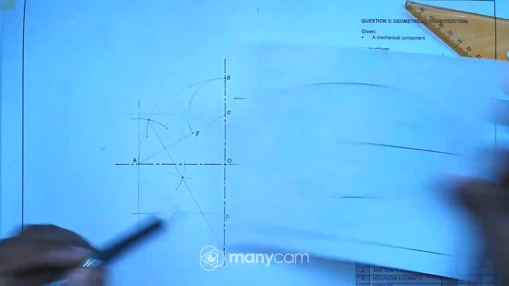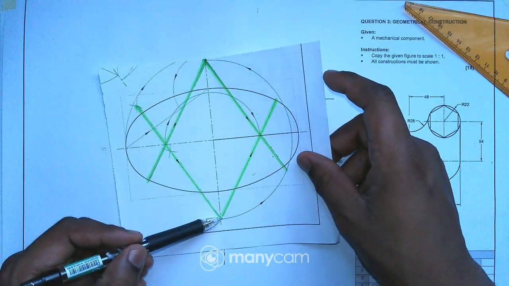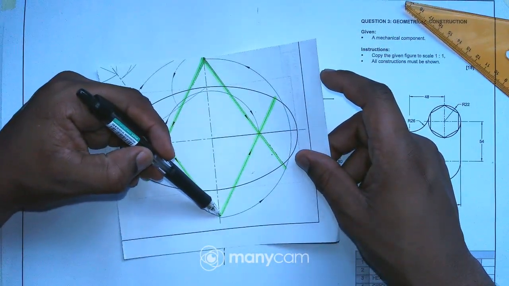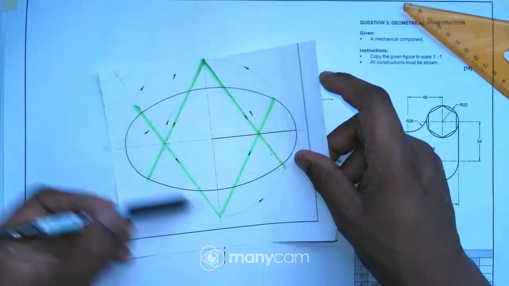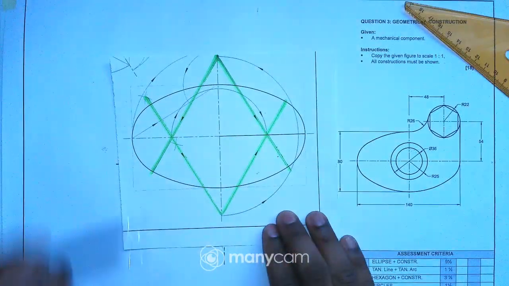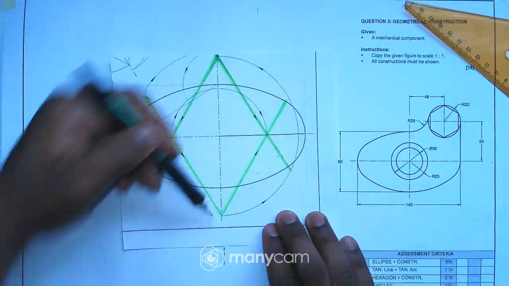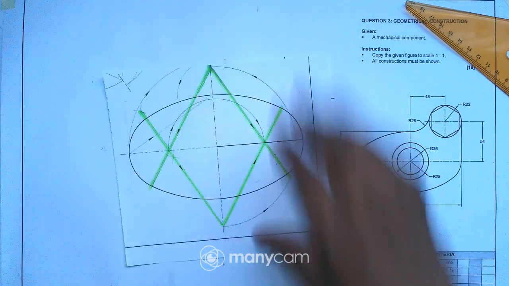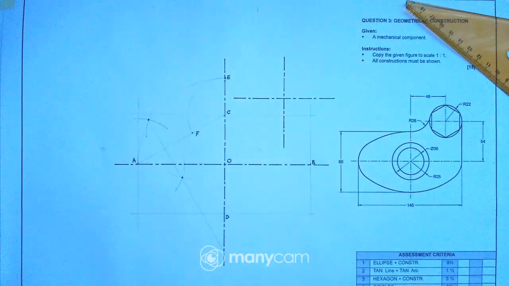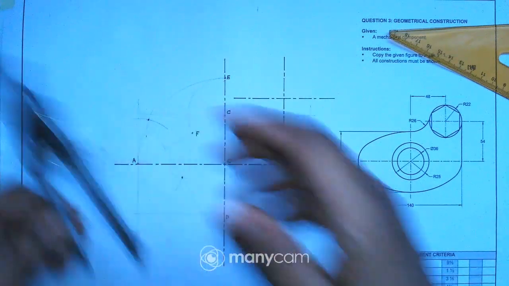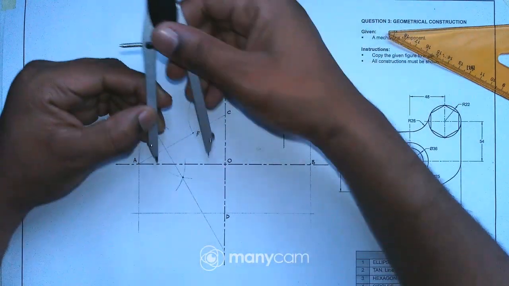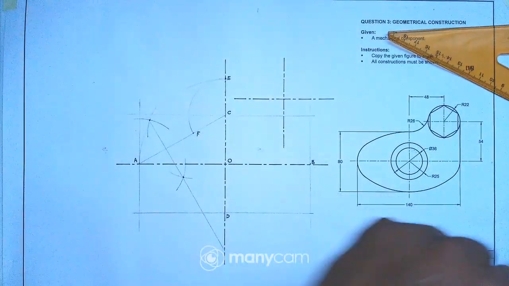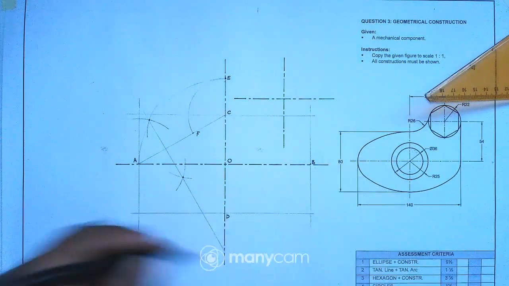So if I have this one, it means that I can even get this one using this line. So we are almost there. So because now I have this line, now I'll have to draw that line. How are you going to draw the other line? You put your compass. Before that, I want to show you something.